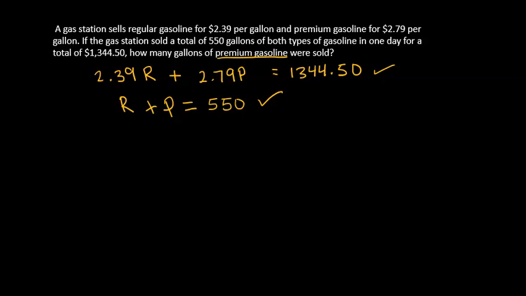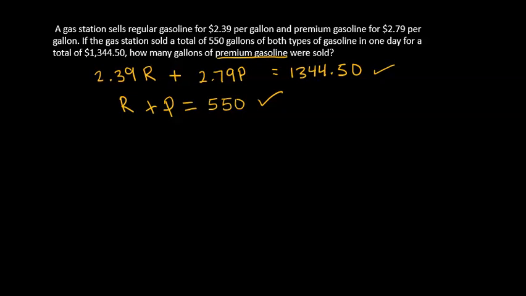Well, because it wants me to know how much gas I sold in general at the end of the day. I'm only selling two items. I'm selling regular and I'm selling premium. So if I sold like 50 regular and 500 premium, it equals 550, right?